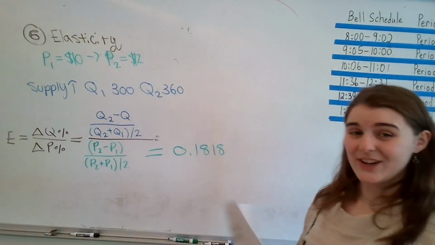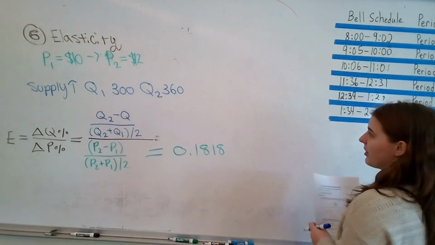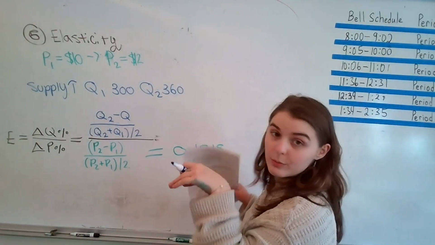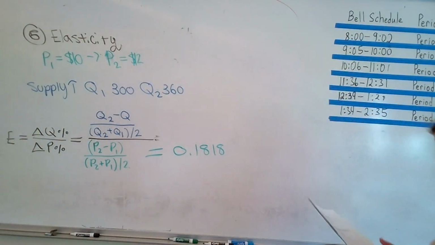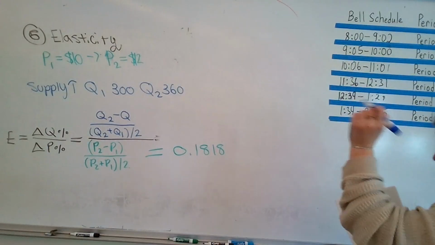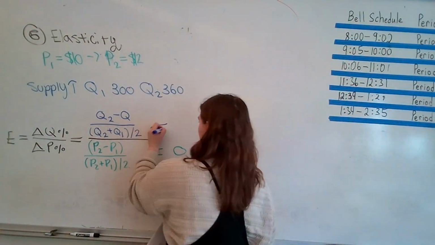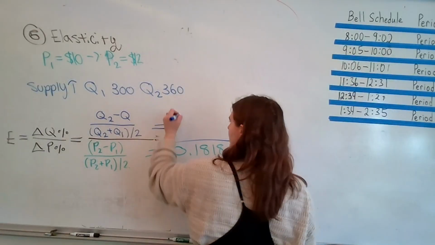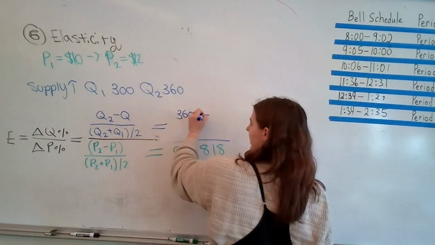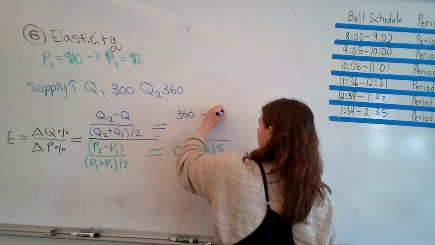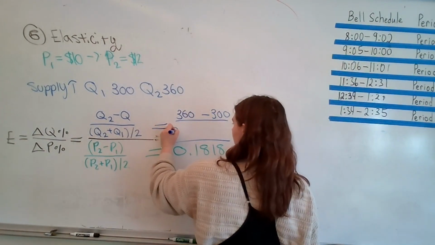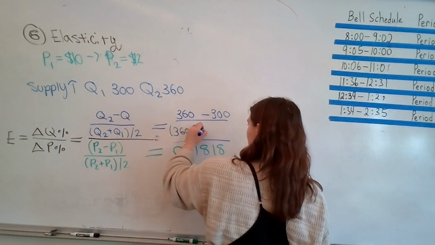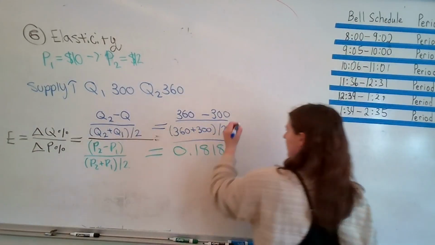Maybe they opened up the extra fancy theater for us, or they put in a few more seats. So let's see what our quantity change looks like. We have Q2, 360, minus Q1, 300, all over the average, 360 plus 300 divided by 2.